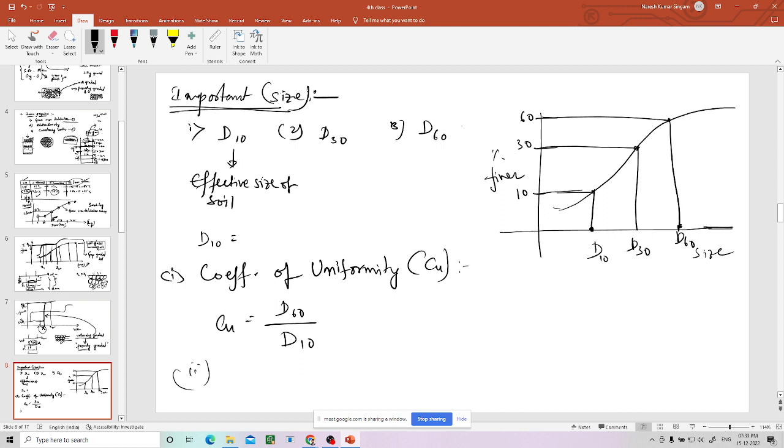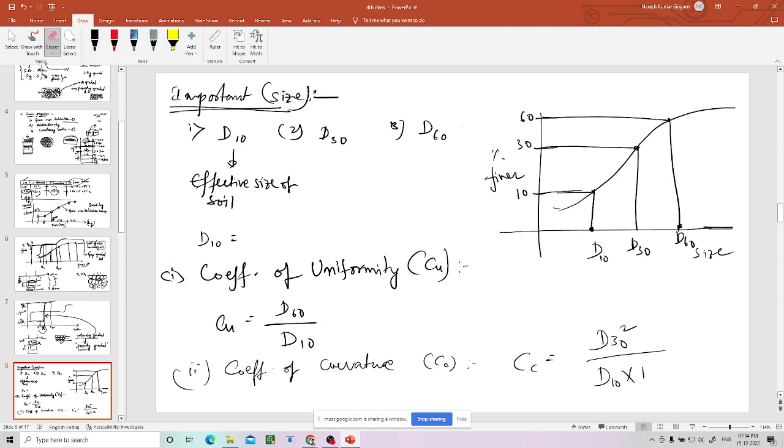Another coefficient is coefficient of curvature, that is Cc. Cc is denoted by D30 squared divided by D10 into D60.